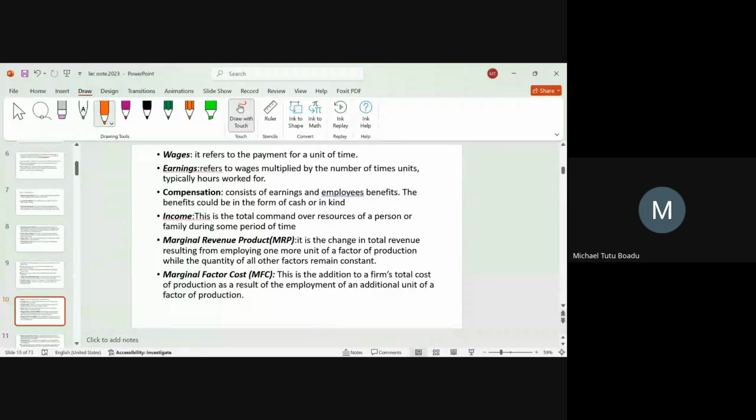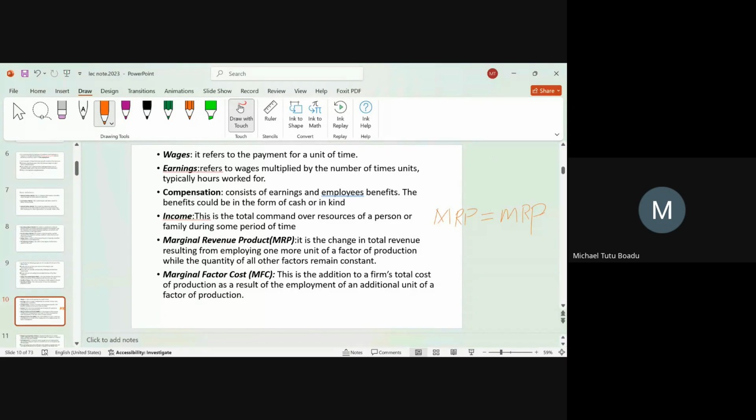Let me use the formula to explain marginal revenue product. It's your marginal revenue times price. This is how we determine marginal revenue product, which we'll look at very soon.